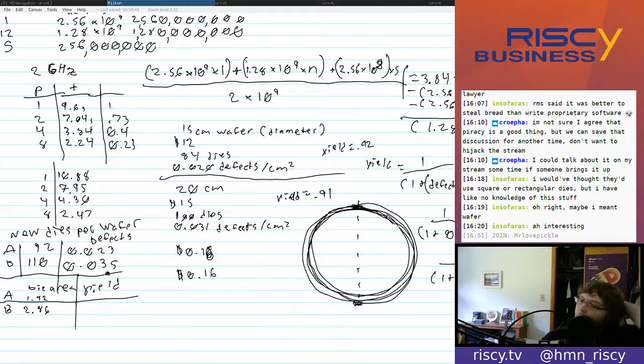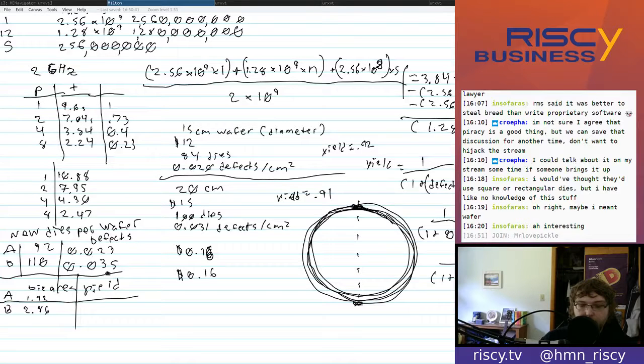Wait a minute. When we say die area over 2, I was thinking we were canceling out, but no, it would be the 1.92. So maybe I did do the yield wrong still for the previous ones. I'll double check in a sec.